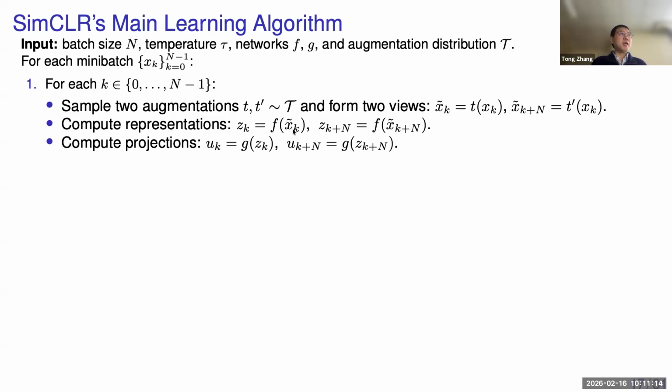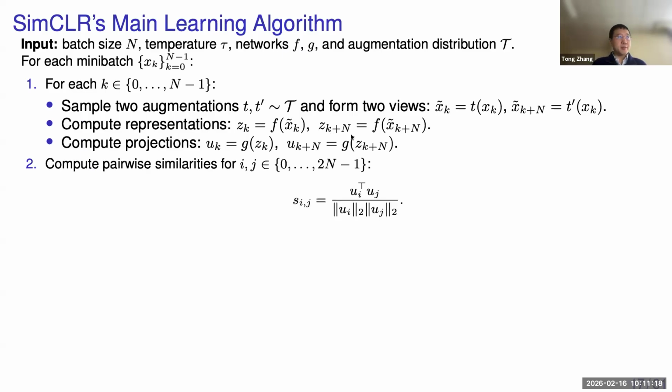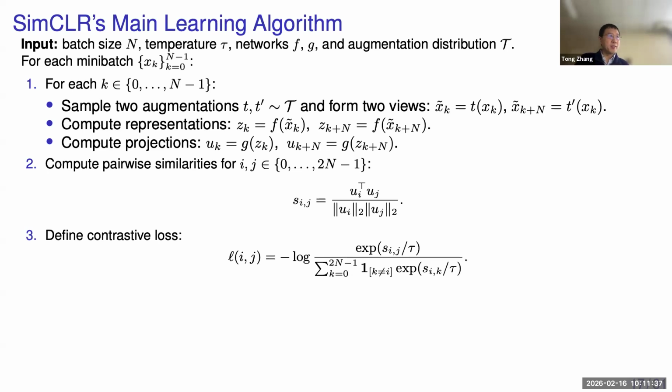There's nothing else in between to say I want to put additional constraints on Z. Then compute these similarities for all pairs. If you have 2n, you look at the pairs, you don't have to have the similarity, but essentially it's 2n squared. This is the number of pairs you have.